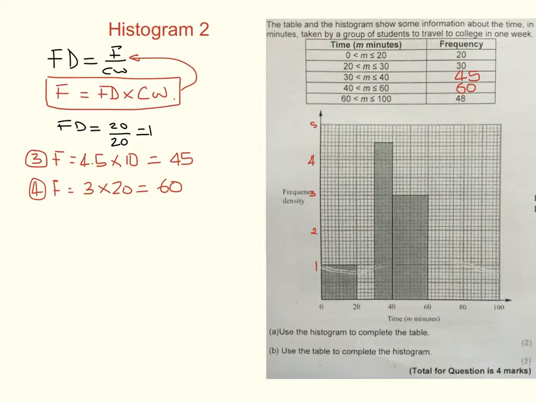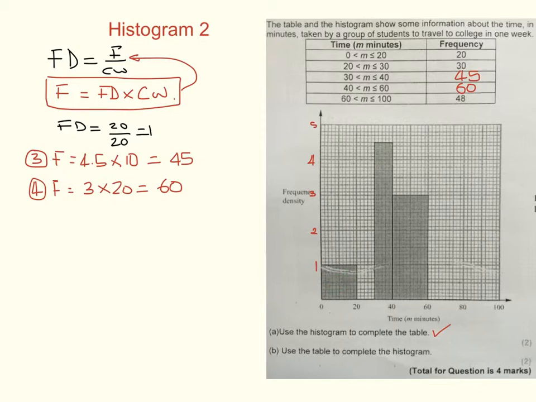Okay, just double check again just to make sure. Frequency density is 3, class width is 20 from 40 to 60. So just like that, we have now answered this question, which is filling out the table. And we had to use information that we had from before in order to do that.